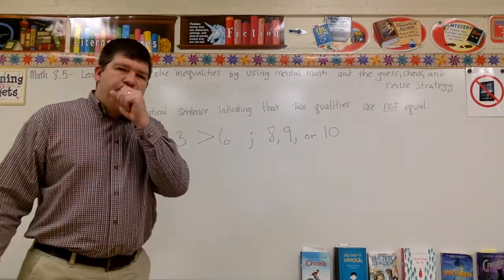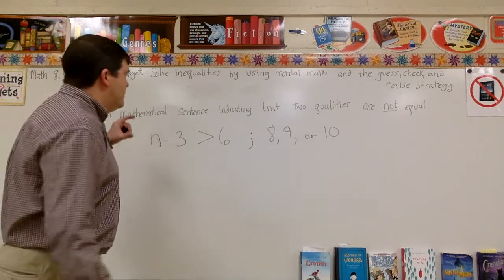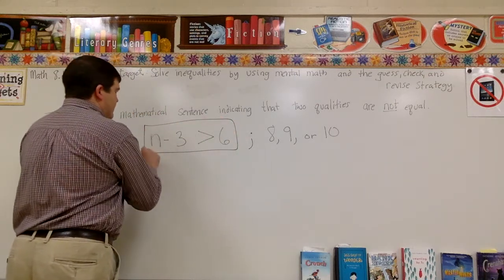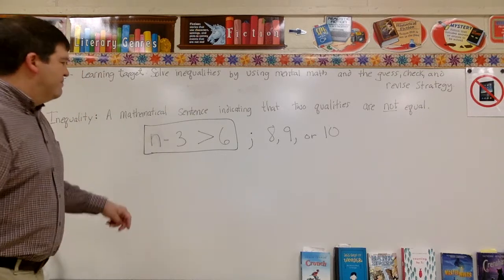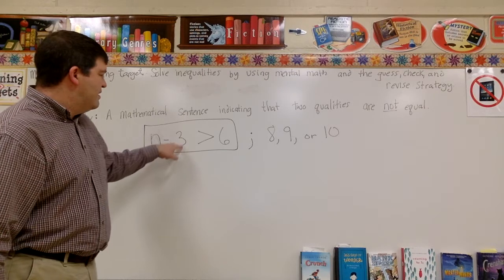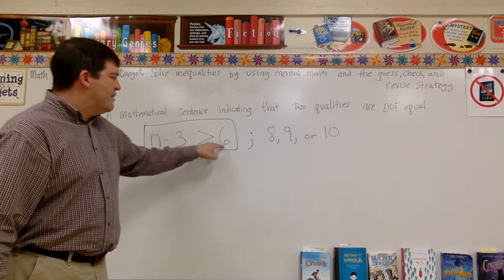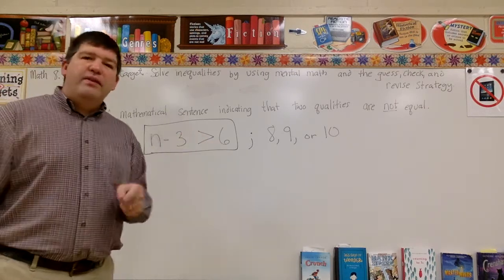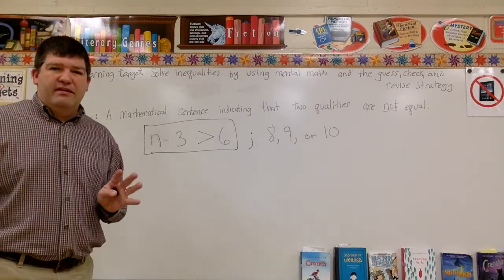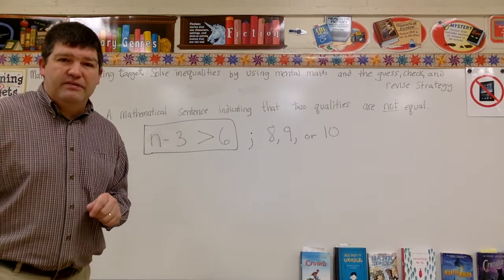So, we have this mathematical sentence right here. It's n minus 3 is greater than 6. Now, one thing you need to know with inequalities, there are an infinite number of solutions.